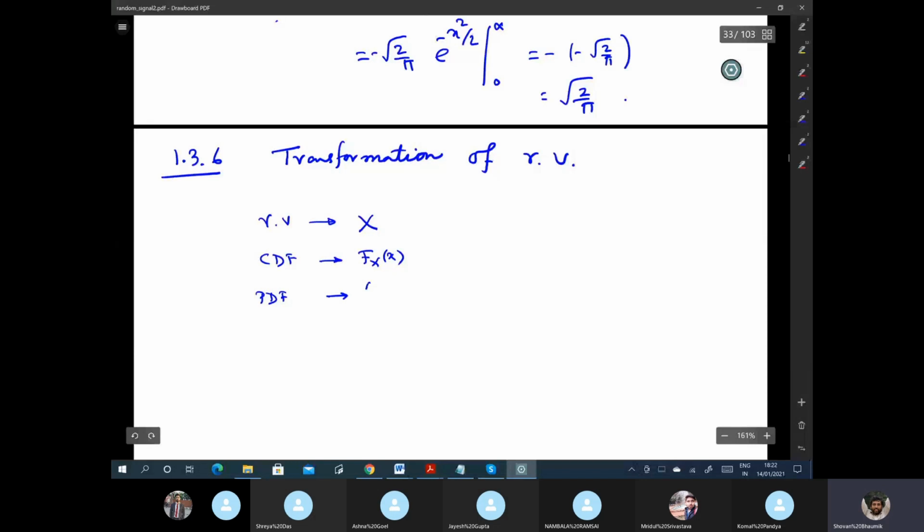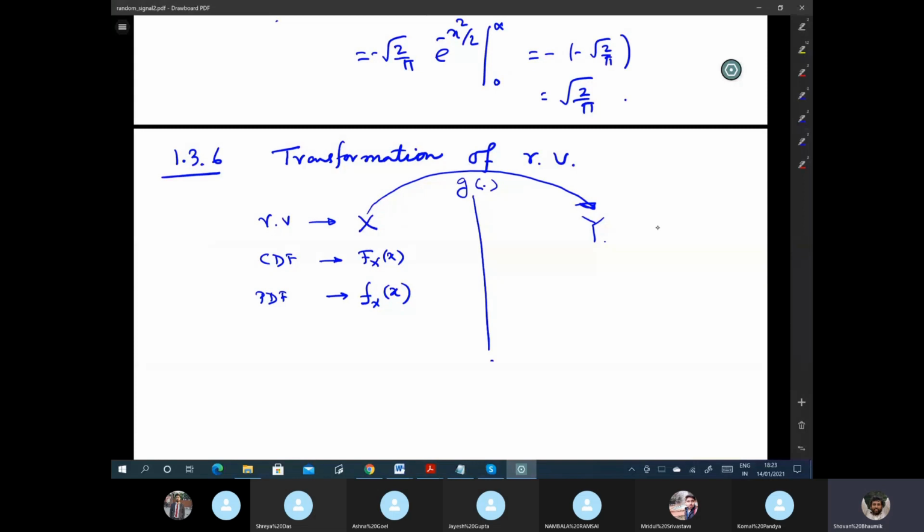Now we transform this random variable to y, another random variable, through a function g. That means our y will be equal to g of x, and here x will be equal to g inverse of y.